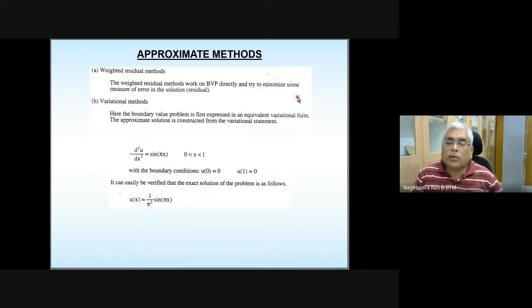So depending on the choice of the weight function, there are several categories of weighted residual methods. So let me start with the weighted residual methods.